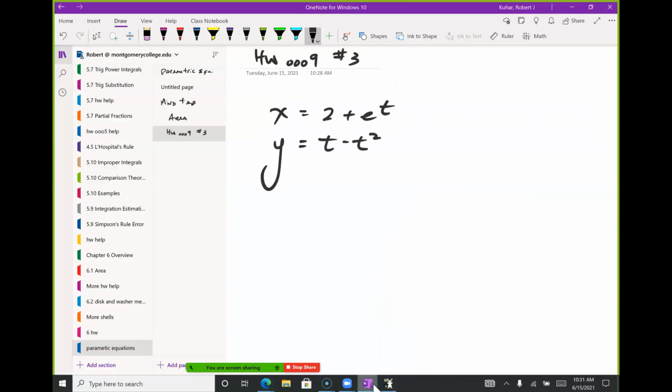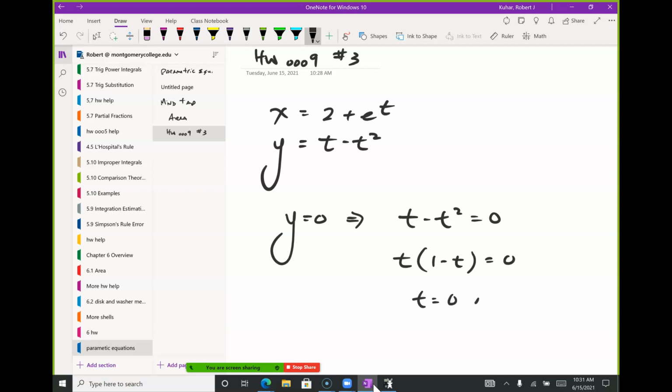So I'm trying to say, okay, if y equals 0, that means t minus t squared equals 0, or t times 1 minus t equals 0. So t equals 0 and t equals 1, right? So there's my alpha and beta.